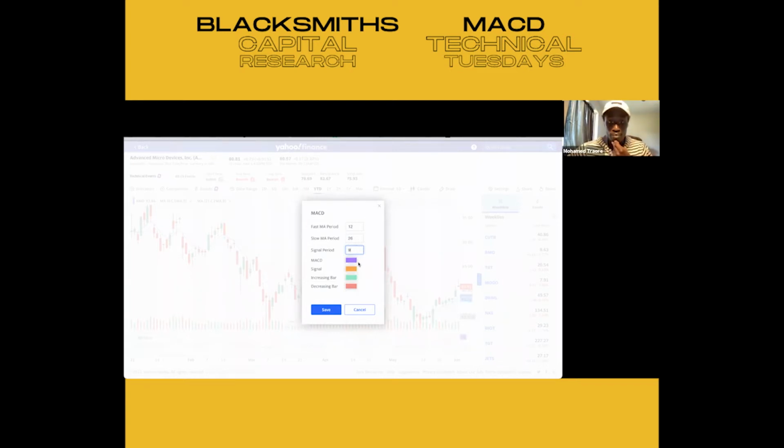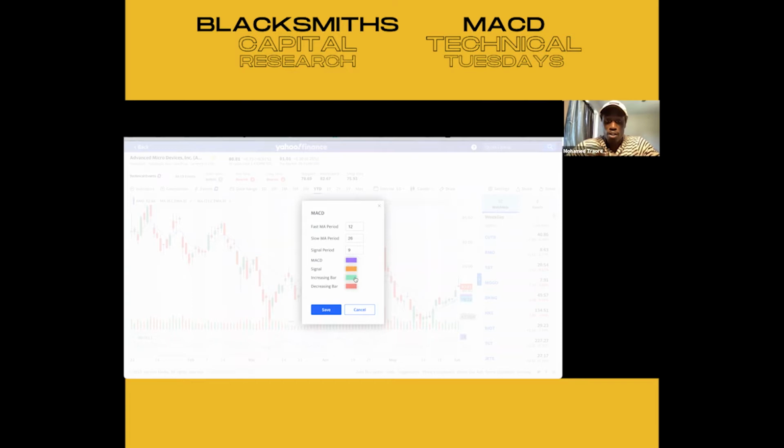So the MACD line is calculated by taking the value of the 12-day exponential moving average, because we're looking at the one-day interval in this case, and subtracting the 26-day exponential moving average. That gives you your MACD line. Your signal line is going to be your 9-day exponential moving average.